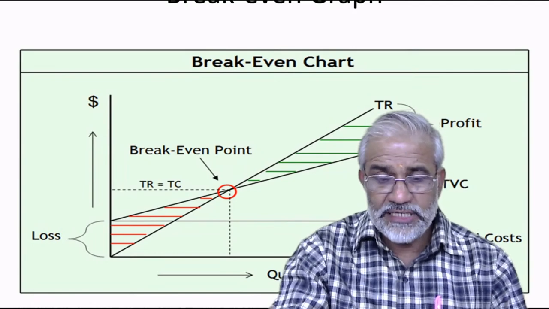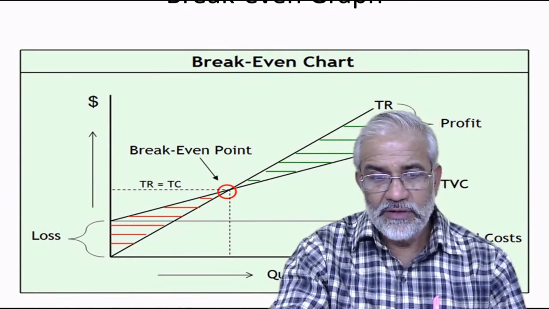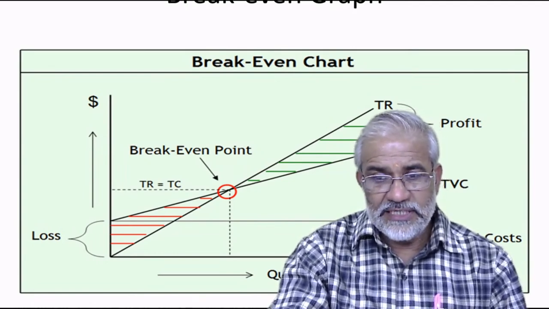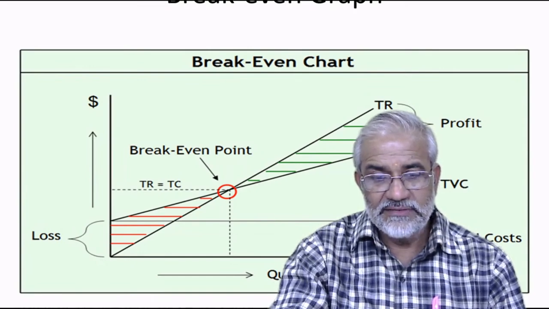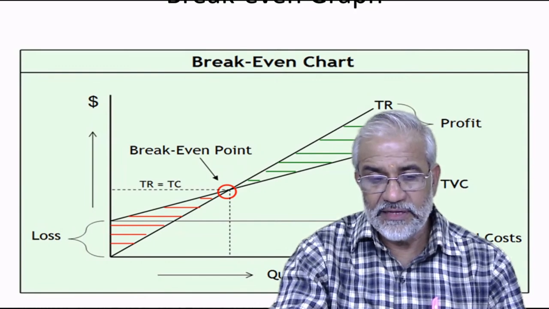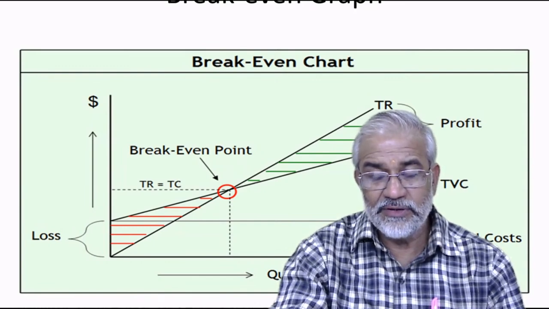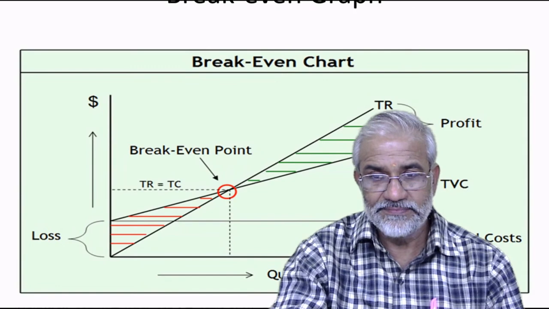On the x-axis, we are measuring quantity produced or sold, and FC is equal to fixed cost. The fixed cost is constant over the entire period, irrespective of the volume of production. That's why it is completely parallel to the x-axis.